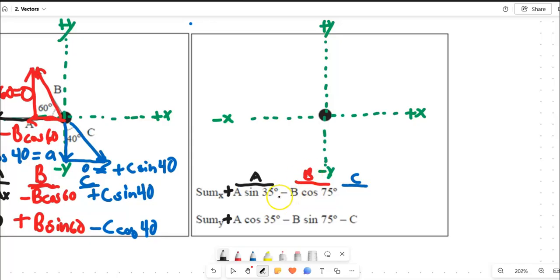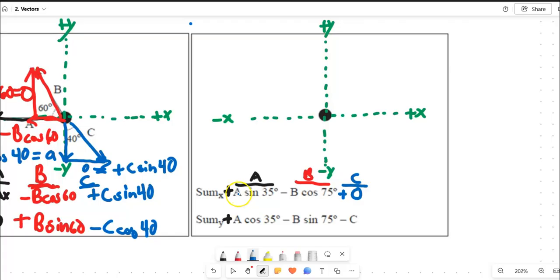The B vector is negative B cosine 75 degrees, and the y vector is negative B sine of 75 degrees. In the x direction, it looks like there is no x direction component of C. It looks like we do have a y direction component of C, which is negative C.